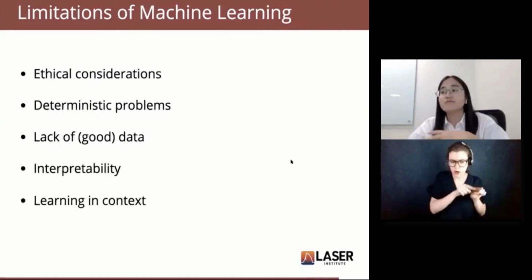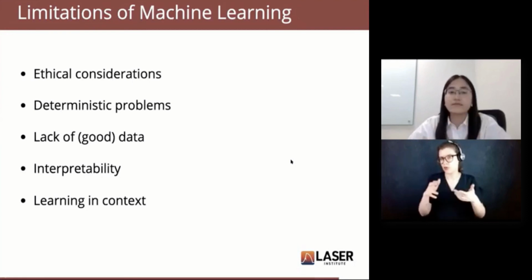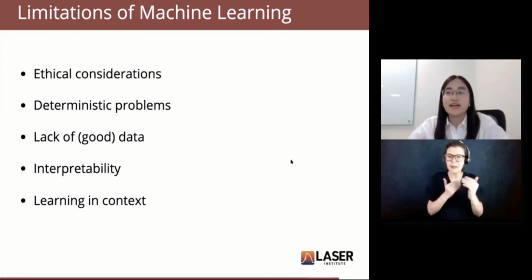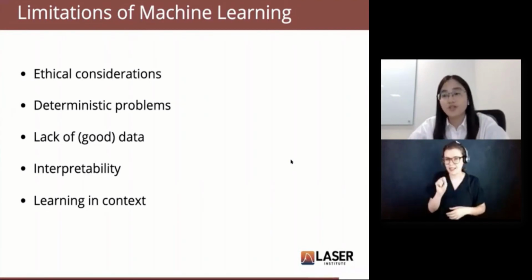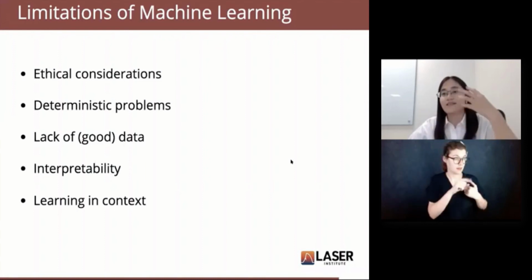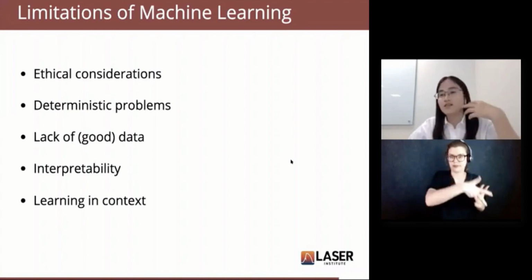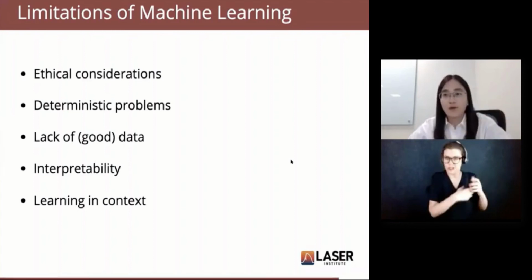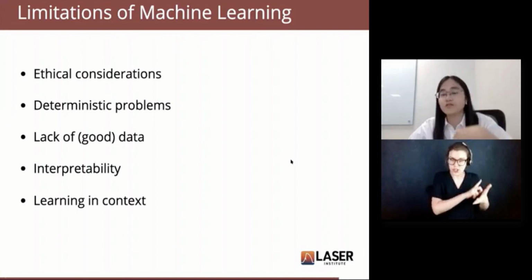But there are also limitations of machine learning, including ethical considerations such as the issue of bias and discrimination, because it learns patterns in the data. And if the data shows a structural bias, then the model will show that bias too. And you should be careful using those patterns.